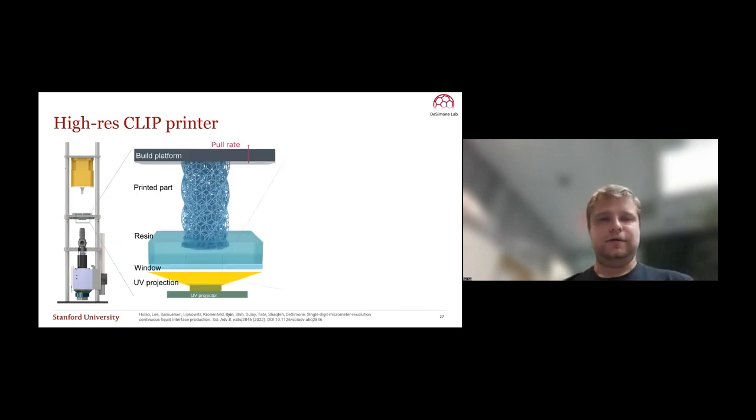So if we zoom into what's happening at the build platform and vat, when the build platform lowers into the vat, it reaches this window, and this is probably the most high-tech part of this process. The window is actually oxygen permeable, and when UV light hits the resin, it induces polymerization. UV light cleaves molecules and creates radicals, which then allow the resin to polymerize.